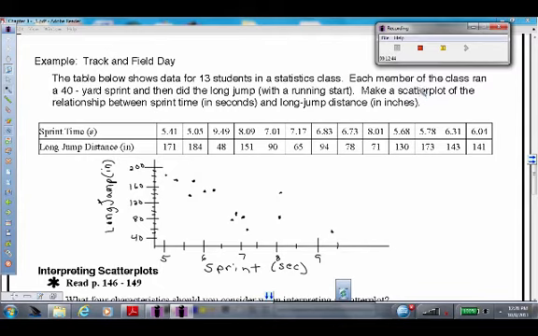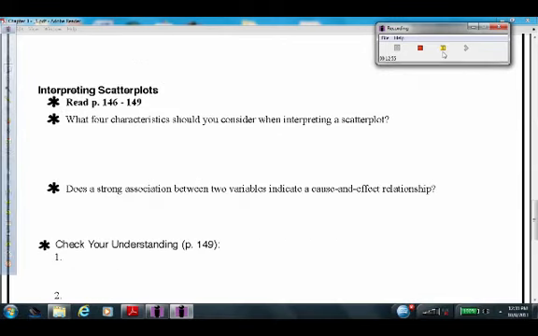Once we've graphed our data on a scatter plot, then we have to interpret the scatter plot. So what four characteristics should you consider when interpreting a scatter plot? Well, you're going to look at the direction, whether it's going down from left to right, or going up from left to right.